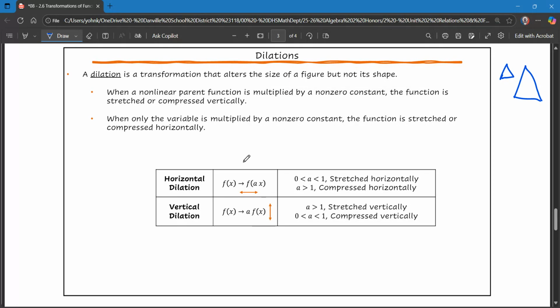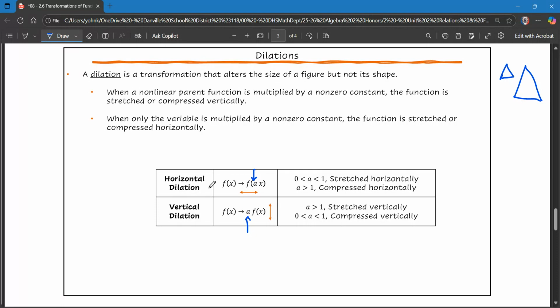Where you put the a value, or the size factor of getting bigger or getting smaller, either outside or inside, depends on if you are stretching something horizontally or vertically. If the factor, the twice as big, 3 times as big, is inside being multiplied by the x value, that's going to be a horizontal dilation.